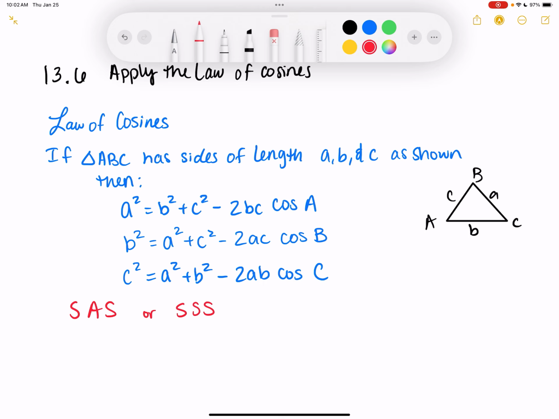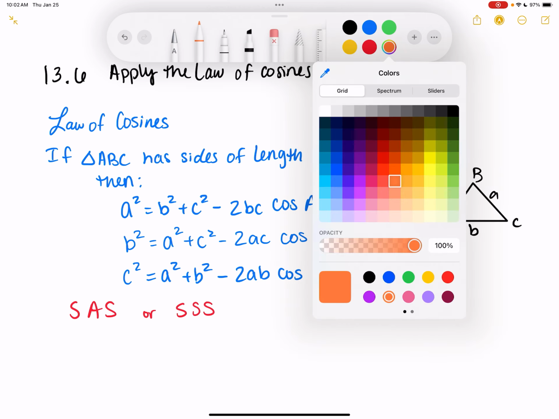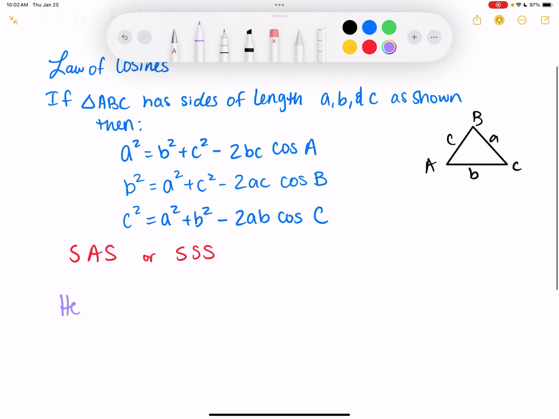The other thing, because I obviously hadn't given you the area formula in the other notes the other day, but I am going to give you the area formula for this one. So it's slightly different. This one is called Heron's area formula.